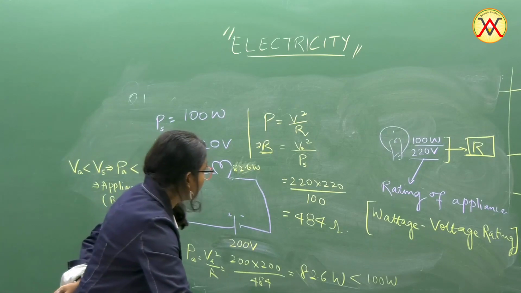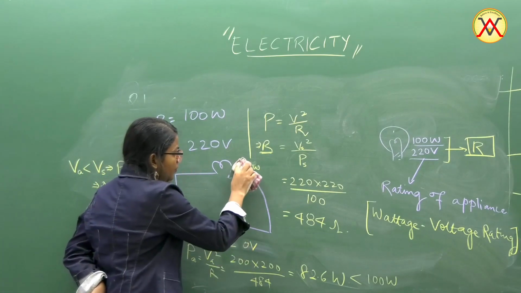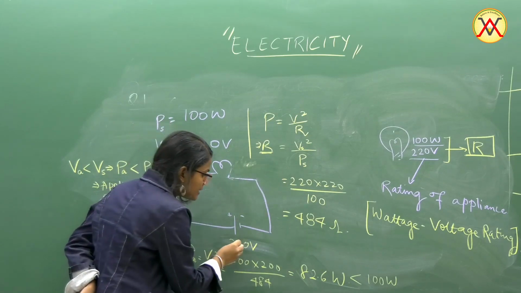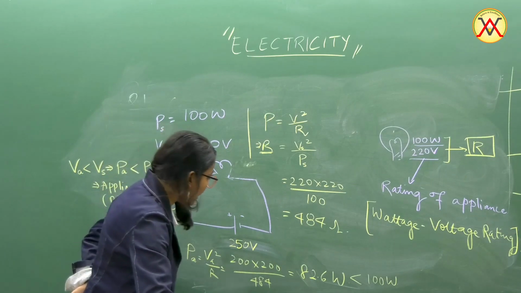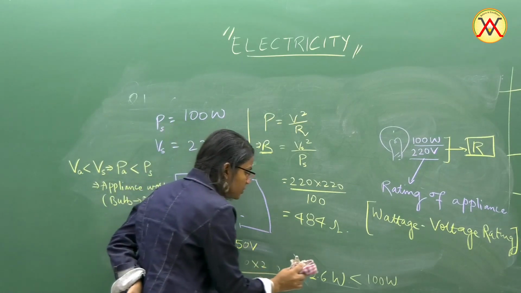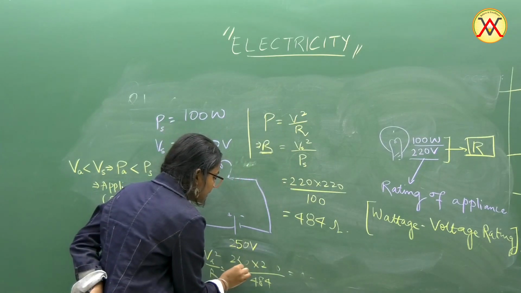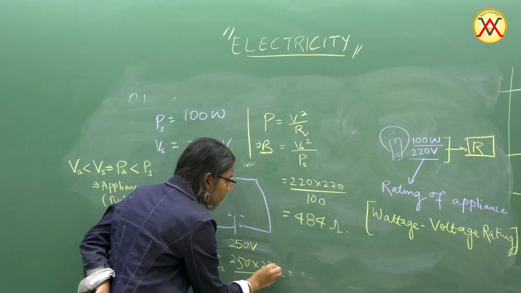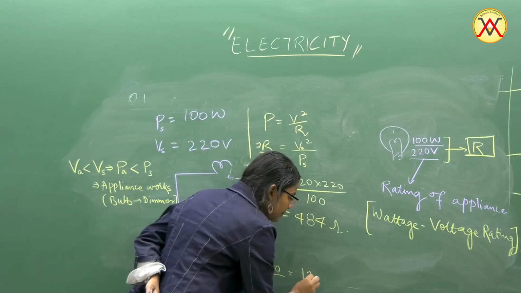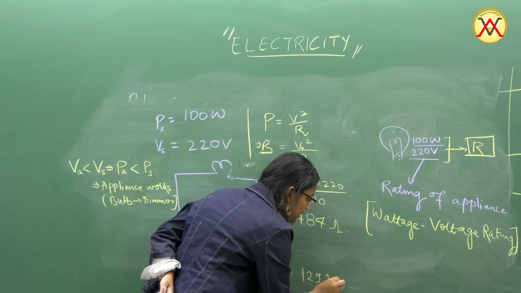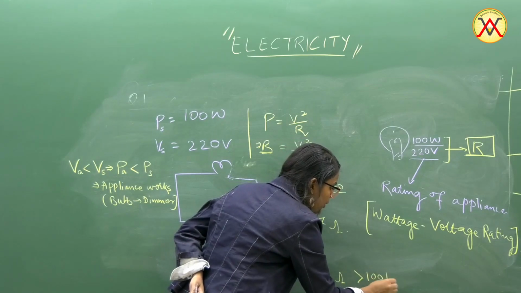Okay. Let's move on to our next case, where let's suppose our applied voltage is 250 volts. When the applied voltage is 250 volts, in that case our applied power would be 250 into 250 upon 484, which comes out around 129.2 watts, which is greater than 100 watts.